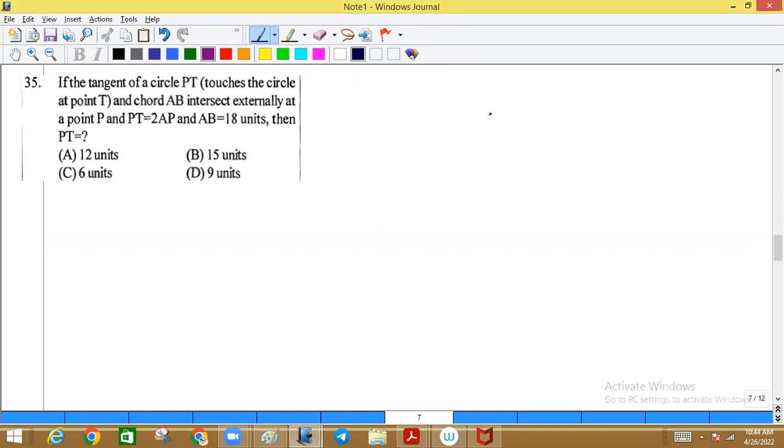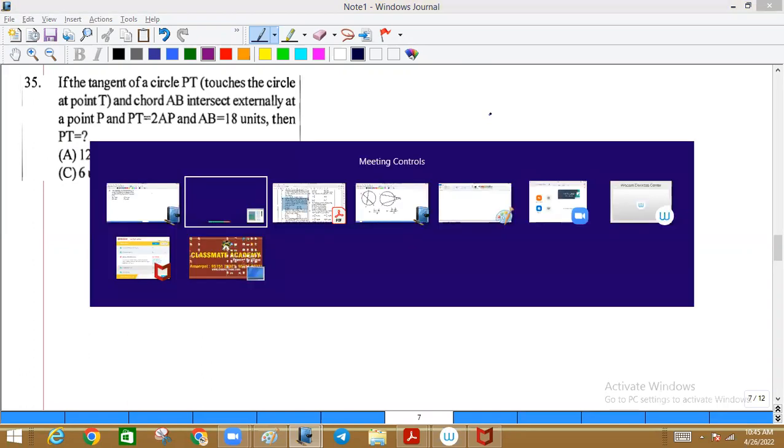If the tangent of the circle PT touches the circle at the point T and the chord AB intersect externally at point P, and PT is equals to 2 times of AP and AB is equals to 18, then what is PT? So a chord and a tangent are intersecting.